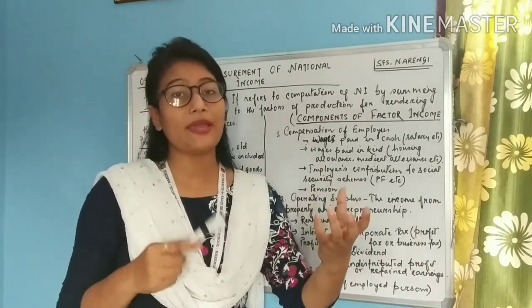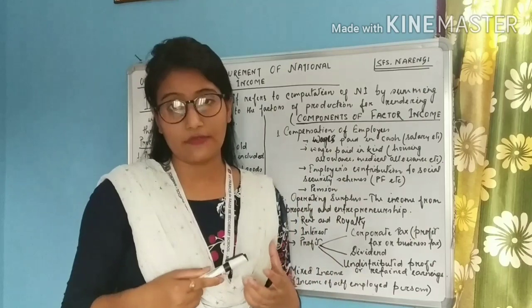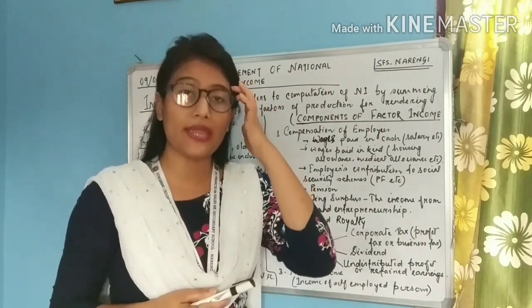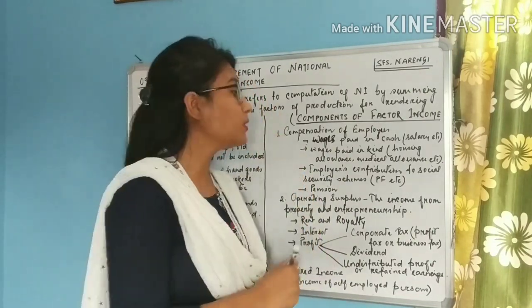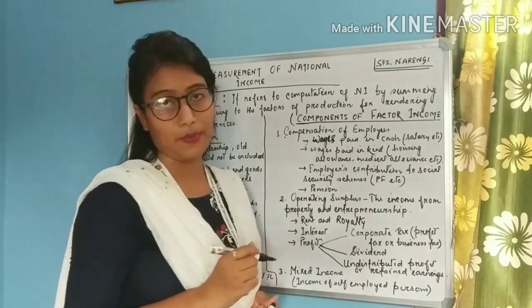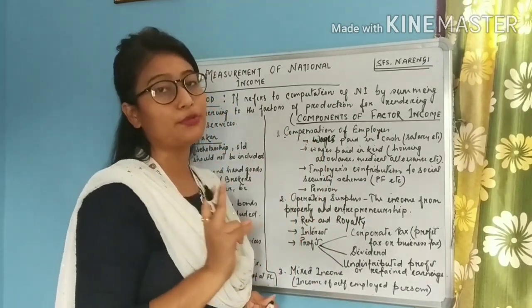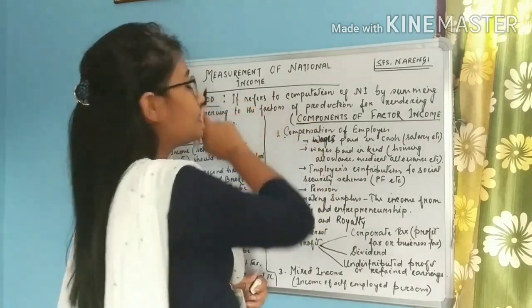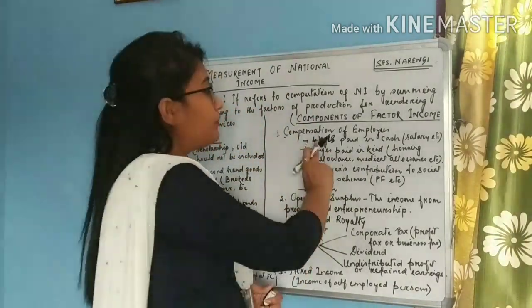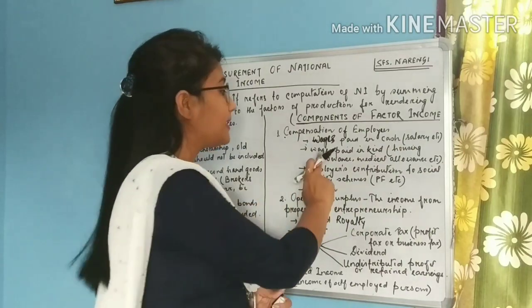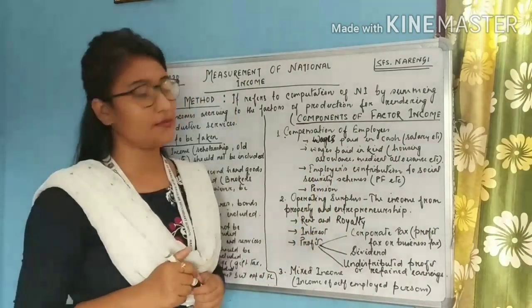Even though they are not paid in cash, they offer services for which they do not have to pay any money. So those things also come under the compensation of employees, okay? So those things also should be included in the computation of national income using the income method, okay? First is the wages paid in cash and the second is the wages paid in kind.